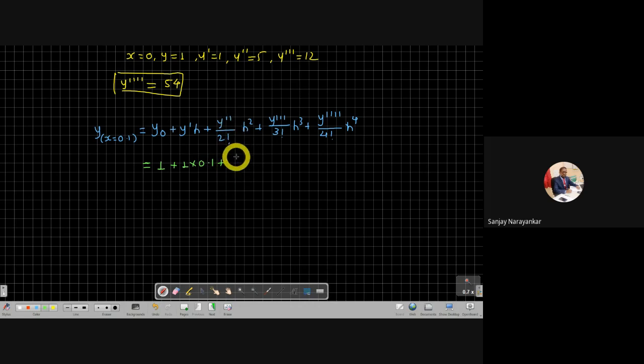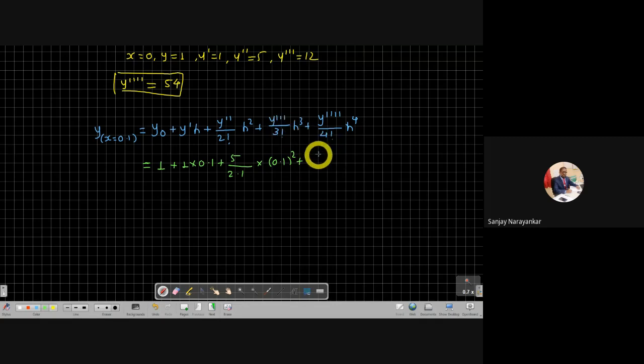Y double dash, is it 1? What's the value of y double dash? Yes, 5. The value is 5. So 5 upon 2 factorial. What's the 2 factorial? 2 into 1, right? Into 0.1 square plus y triple dash.